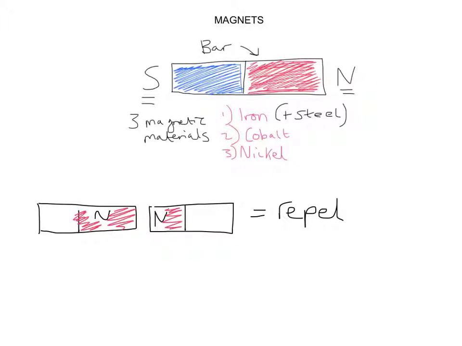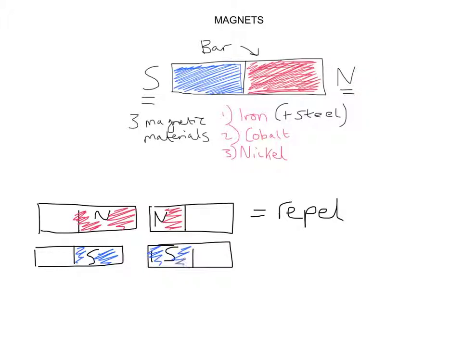Equally, and again, these are just very quick sketches, if we had a south end next to a south end, so the two blue parts together, when you put them together, you notice that they also would push apart from each other. They too would repel.